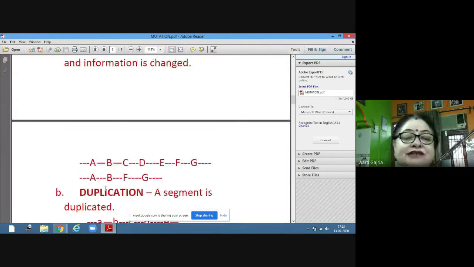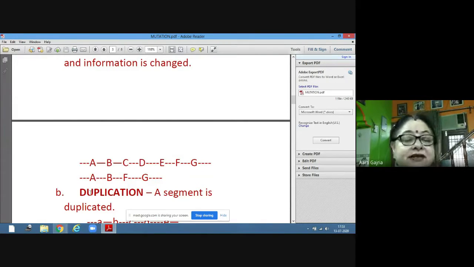Suppose, for example, the original sequence of DNA was A, B, C, D, E, F, and G. And now, because of certain reasons, because of some mutagens, there is deletion of the segment C, D, and E. So, what would be the resultant sequence?